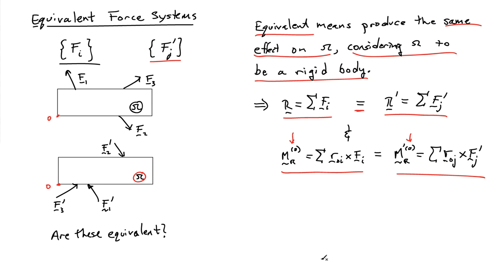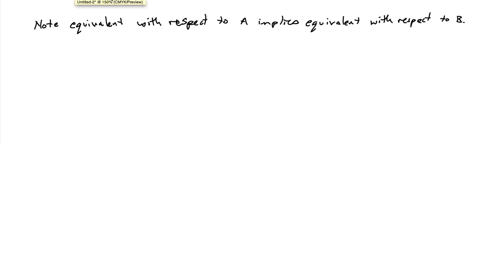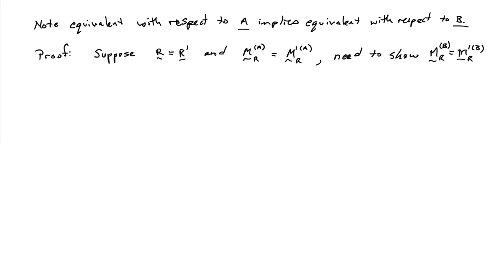One thing that's important to note about equivalency is that if you show equivalency with respect to, say, one point A, then that also implies equivalency with respect to another point B. So in other words, when I pick the reference point to compute the moments. And this is relatively easy to prove. So let's suppose that we already have equivalency.